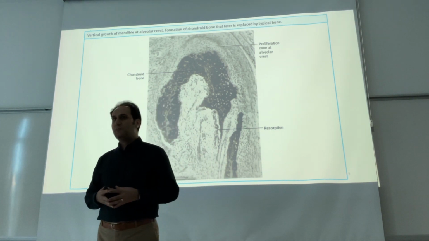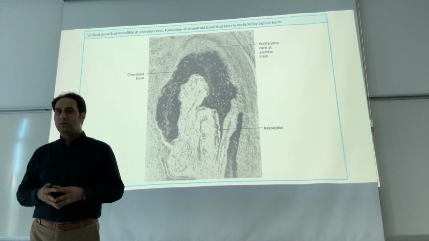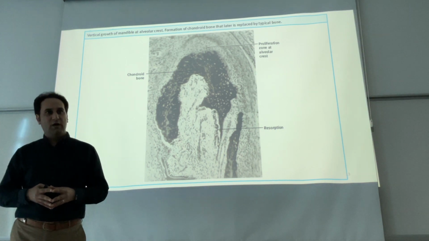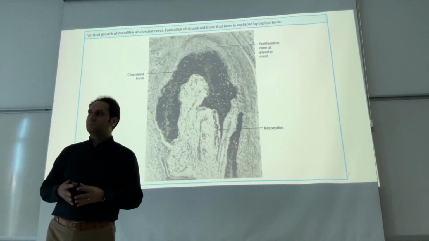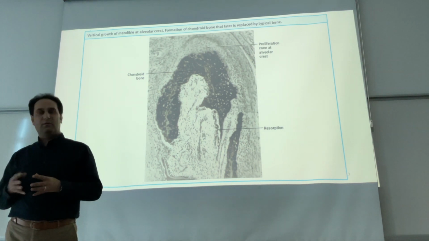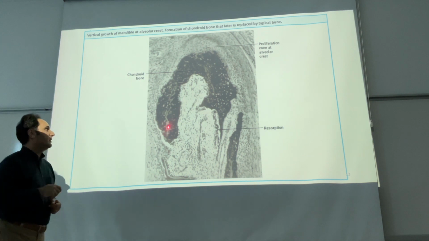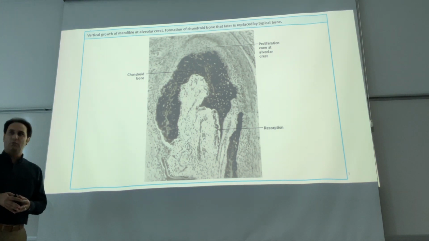In alveolar bone, we have endochondral bone formation. So, before birth, our alveolar bone area has a cartilage template, and this cartilage template, again, in the growing stage, is replaced with the alveolar bone tissue.